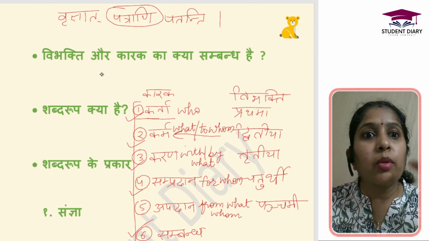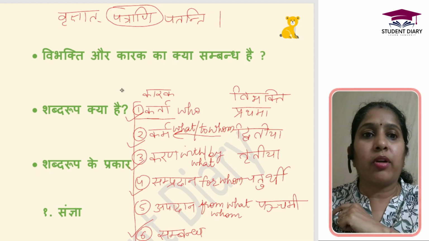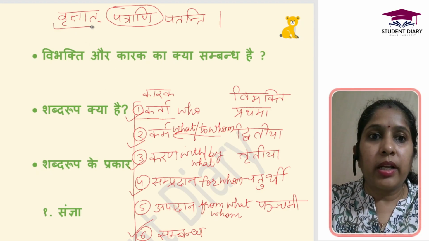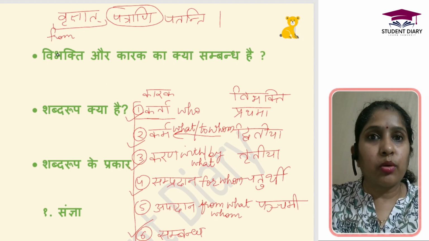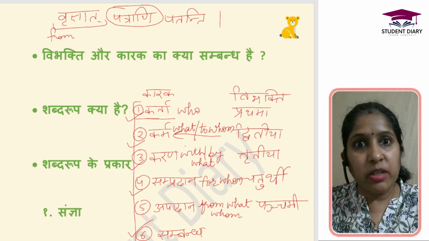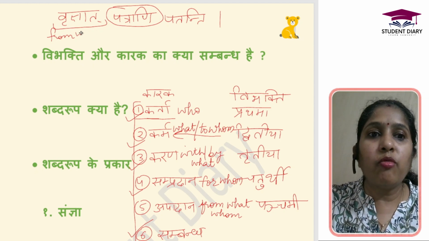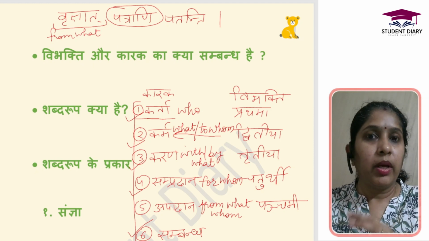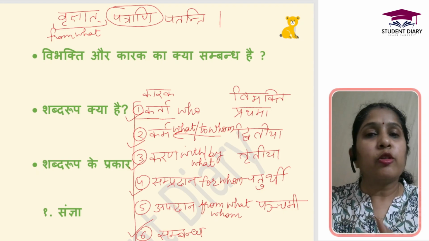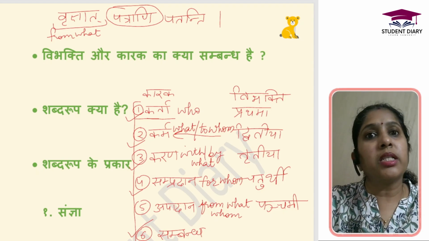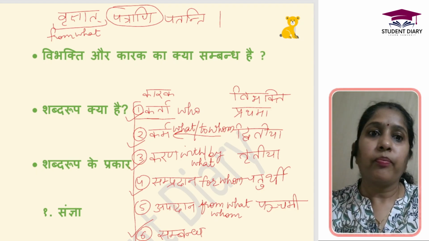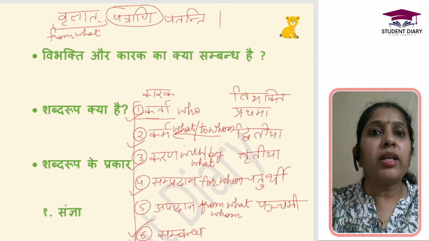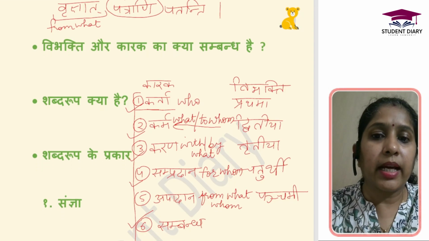Then from what are the leaves falling? From the tree. So in tree we have used Panchami Vibhakti. Correct? Vriksh was the root word, and in that we added Panchami Vibhakti. It became from what or from whom. Whenever there is a separation, from whatever thing the separation is there, in that we use the words of the Panchami Vibhakti. Understood? I hope everyone is able to understand these vibhaktis nicely.